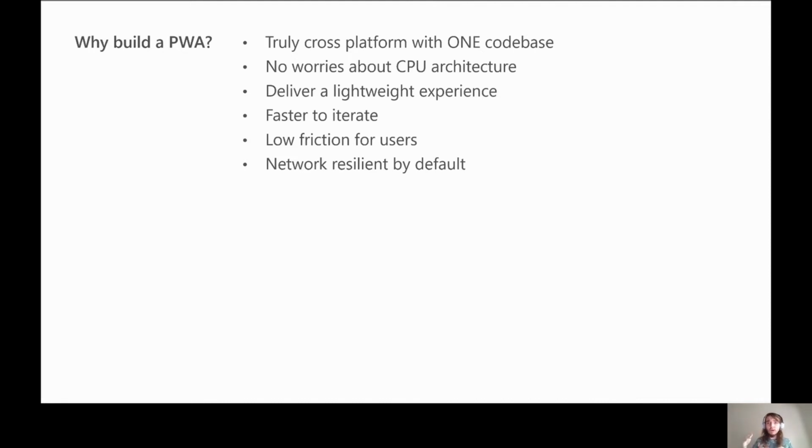Because one entry point for progressive web apps is just going to a URL, because it is still a website, that's extremely low friction for users compared to other ways to get into applications traditionally. And also network resilient by default. So the ability to cache things programmatically and enable an offline experience is something that you get by default with PWAs. And this is not always the case with other technologies.